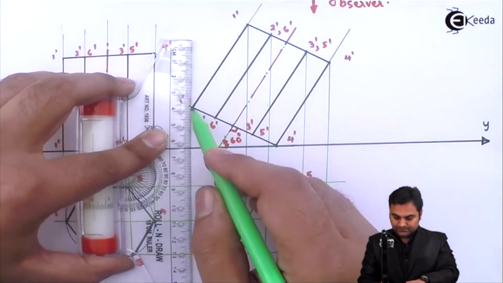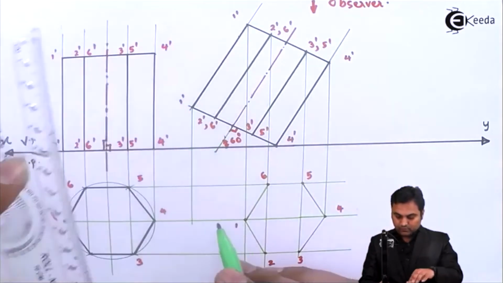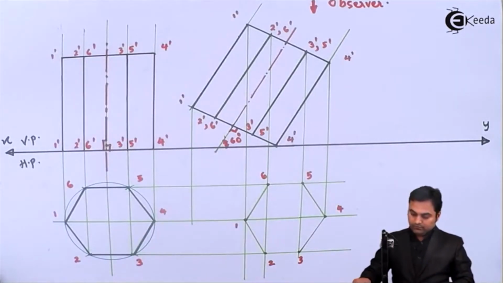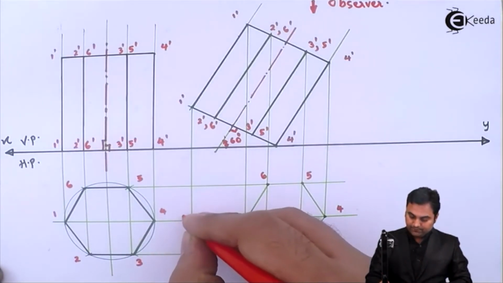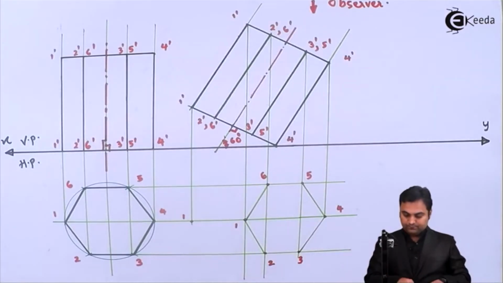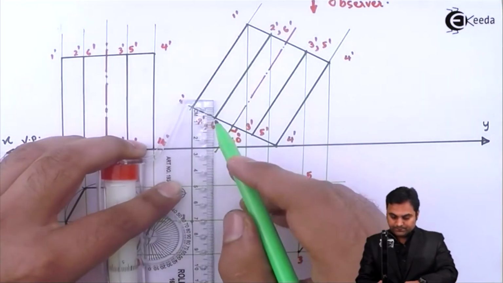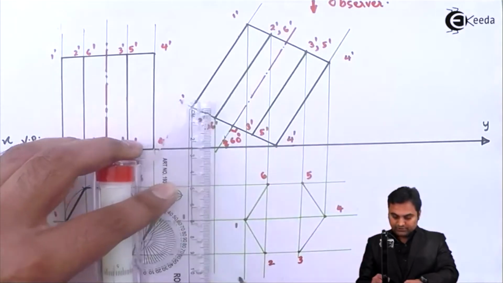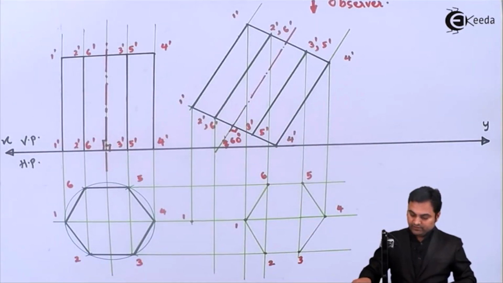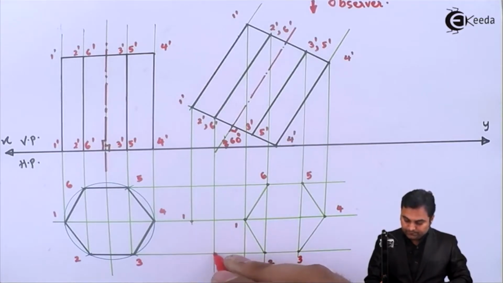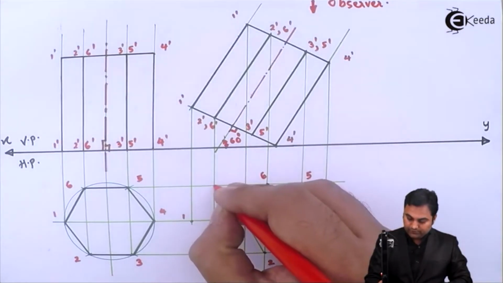Point 1 dash and 1. So here also we are getting point 1. 2 dash, 6 dash projected down. So here we have point 2 and point 6.